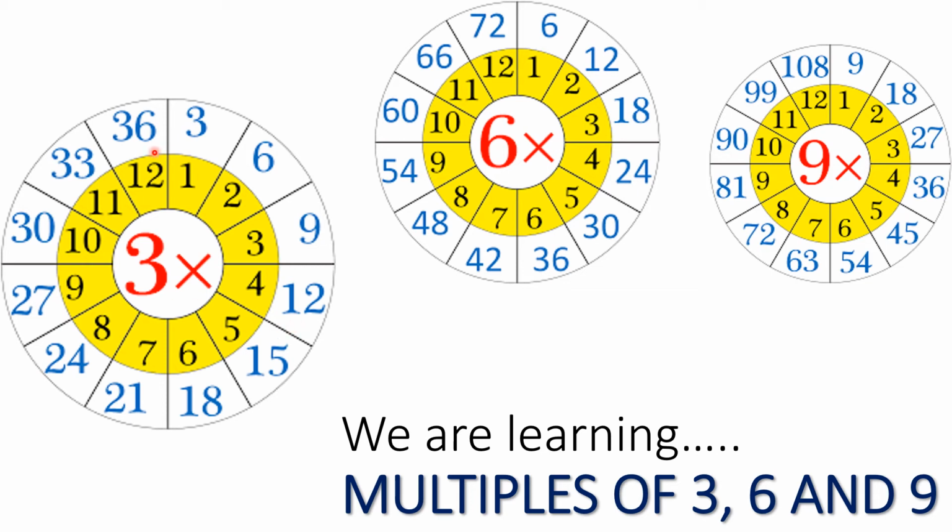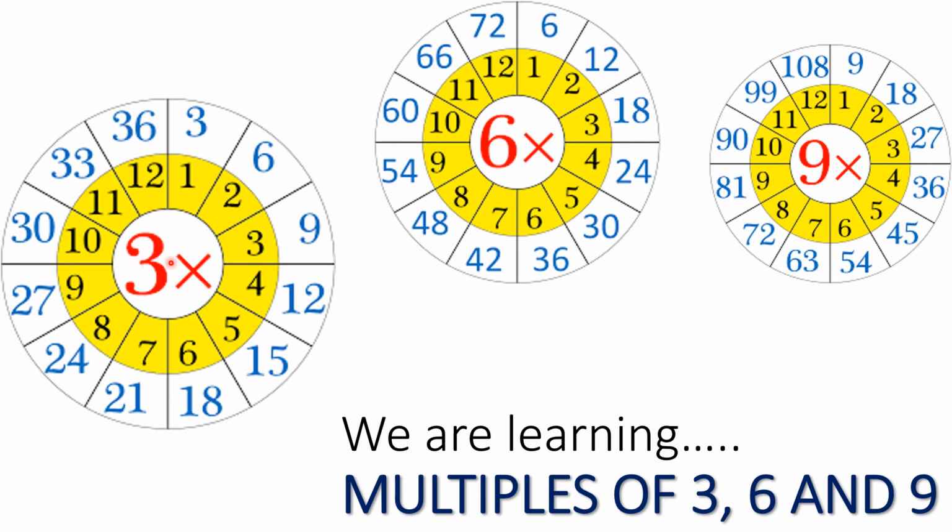So 3 multiplied by 1, let's start with that. That's 3. 3 multiplied by 2, and on and on like that. So we get to 3 multiplied by 12, which is what? 36. Good. Now all these numbers you see from 3 down to 36 are the multiples of what?